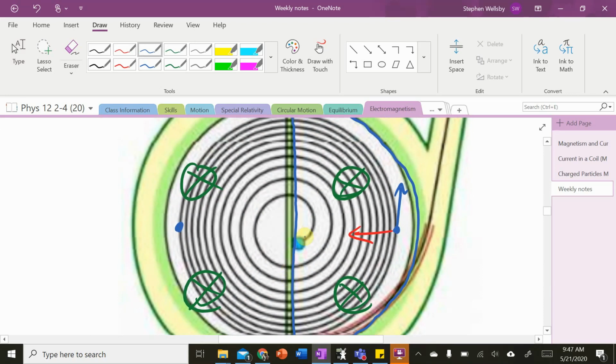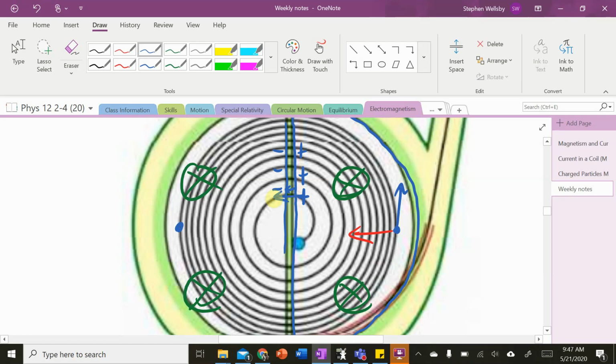Remember, if it's going across the gap this way, and you want the positive particle to go faster, then you make this plate positively charged and this side of the metal D negatively charged, and that way the proton will gain some speed. It'll be repelled by the positive plate and attracted to the negative plate, or you can say that the field is to the left, and so it's going to accelerate to the left.